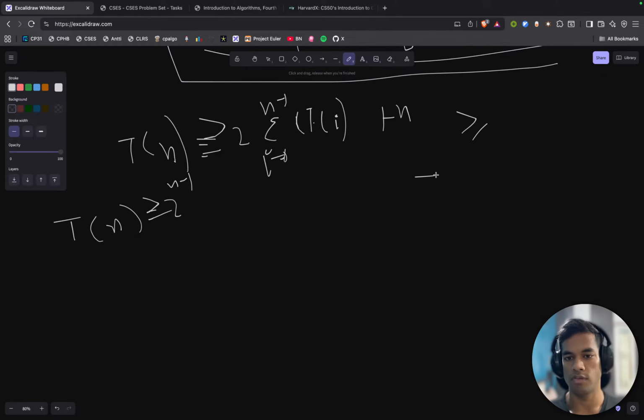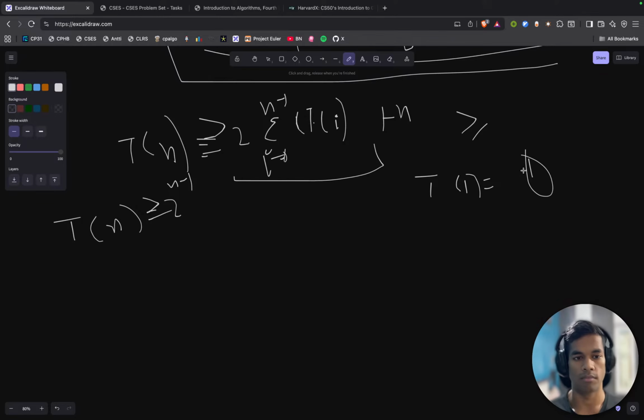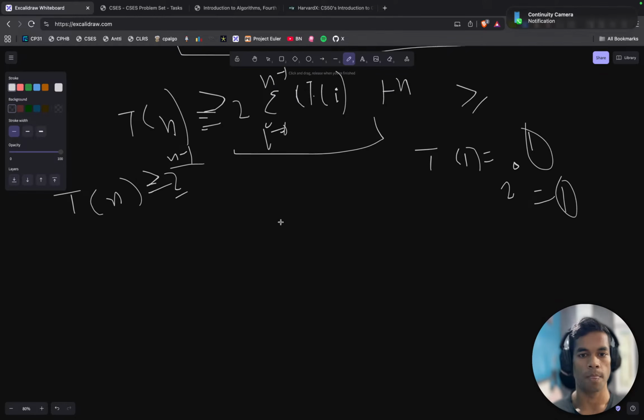So for the base case, when n equals 1, we have from our recursive case this thing is 1. And if you apply our formula, we will get 2 power 0, which is also 1. So our base case is correct.